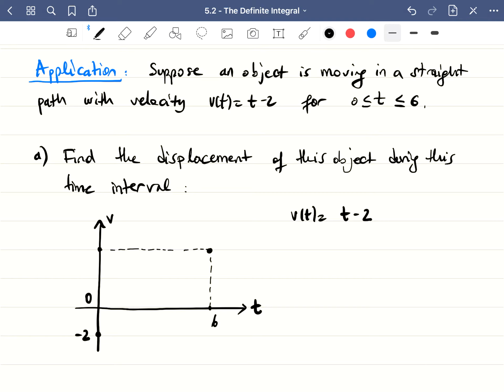Right, so you plug in 0 for t, 0 minus 2 is equal to negative 2. And then you plug in 6, so 6 minus 2 is equal to 4. Okay, so this is 4.